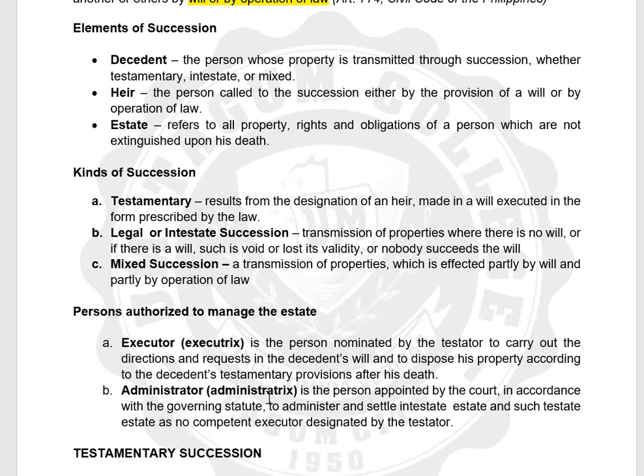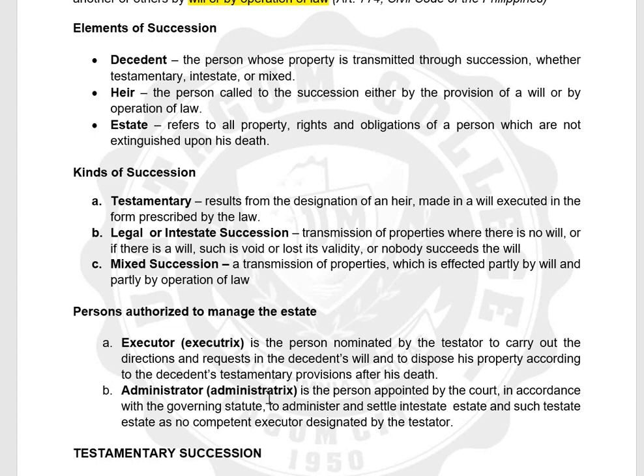So we have the executor. So executor is the person nominated by the testator to carry out the directions and request in the decedent's will and to dispose his property according to the decedent's testamentary provisions after his death. Meaning to say, si executor is appointed by the testator.